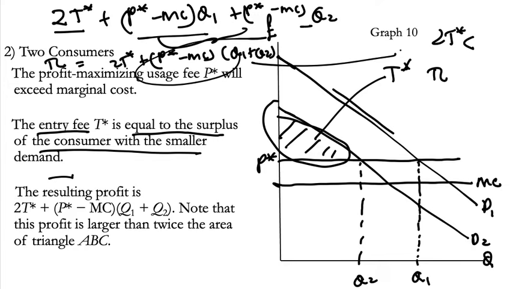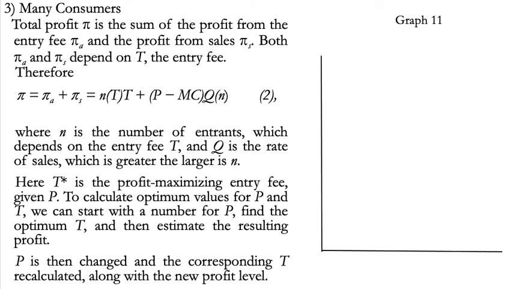But in reality, we have many consumers. What if we want to replicate this for many consumers? Is it possible? For many consumers, you know that the total profit is the sum of the profit from the entry fee, call it pi A in Greek letter, and the profit from sales of buffet, pi S. So this is the total profit.